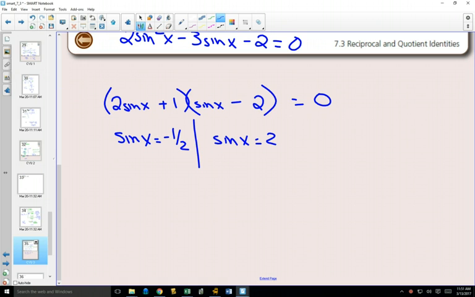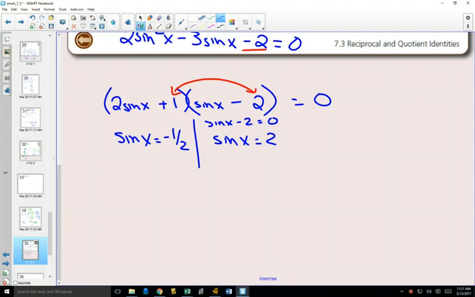If I set this equal to 0, negative 2, this one here will give me that negative 2. Okay.